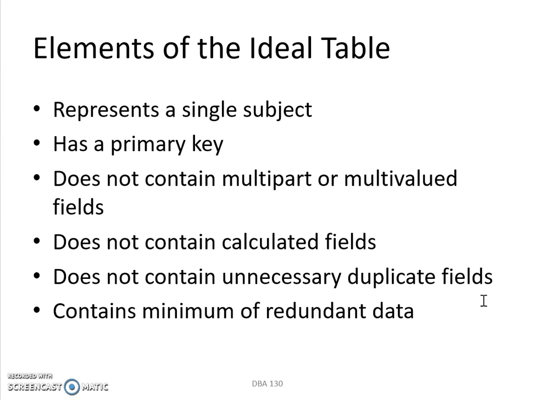The ideal table does not contain multi-part or multi-valued fields. It does not contain calculated fields. It does not contain unnecessary duplicate fields. And it contains a minimum of redundant data. That's it for this video.